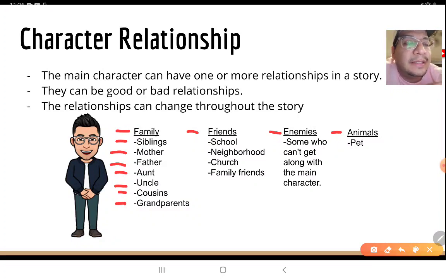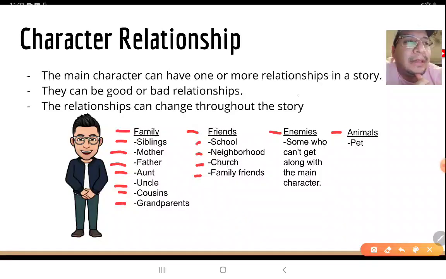Possible friends that exist as part of characters are friends maybe from a school, a neighborhood, from church, or family friends, right? They may be related or not related, but you met them through, maybe, your dad's friends' kids, and stuff like that.